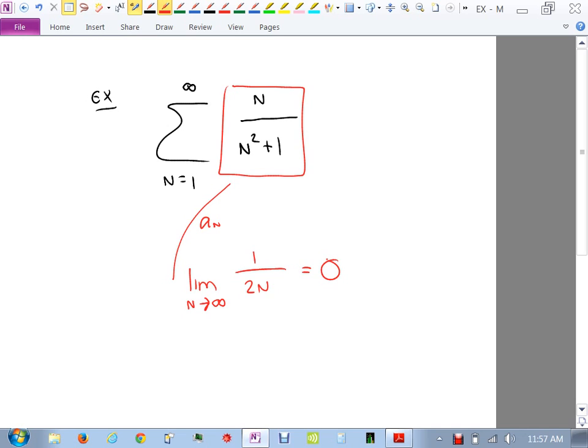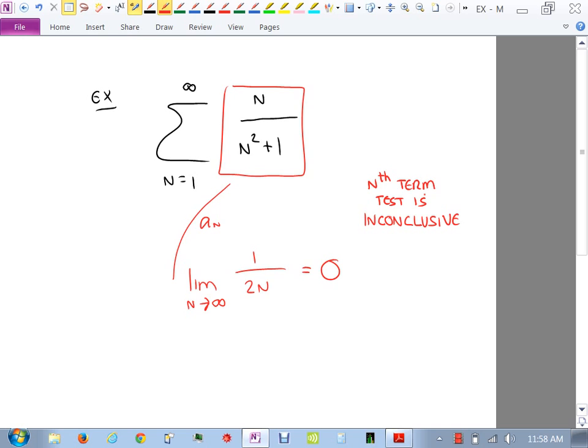If it gives you something other than 0, like the previous example, it diverges, guaranteed. So this would mean inconclusive. I should say the nth term test is inconclusive. So I don't have an answer yet.